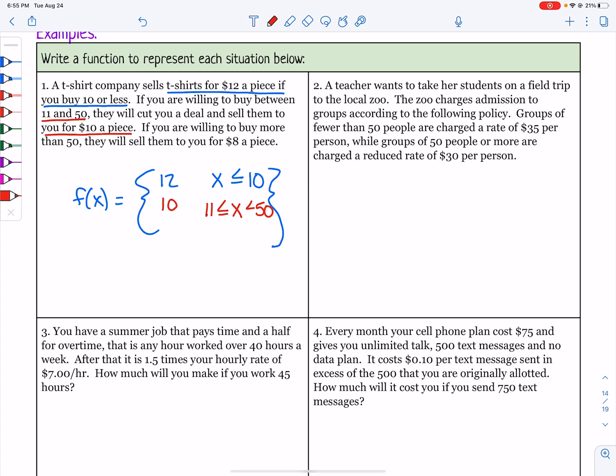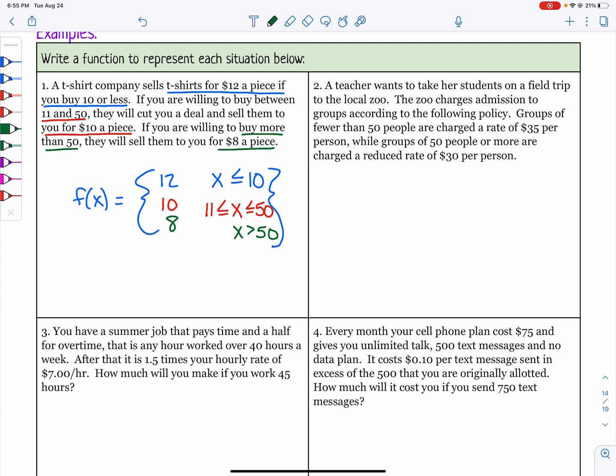And let's say it's equal to, because it could be you buy 11 and up to 50 is what it sounds like. And then it says if you are willing to buy more than 50, so x is greater than 50, then you would only have to pay $8 a piece. So there are 3 scenarios, and you just have to write them according to how they state them and then think about the symbol you would need, and that's it.